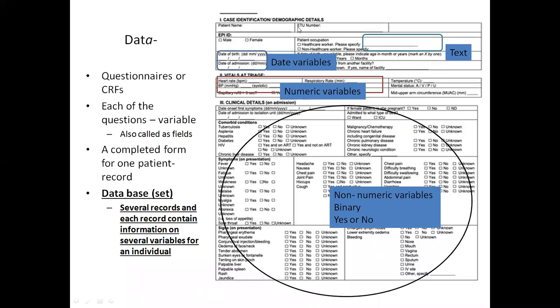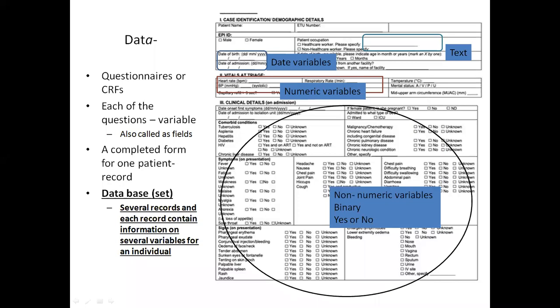So each one of these questions or columns is considered a field. And once you fill up this form for a particular patient or participant, that's called a record. You have fields for each of these questions, and when you have completed information on one particular form, you call that a record.